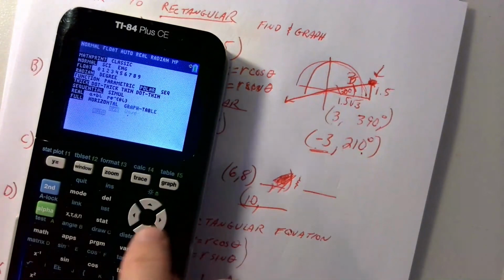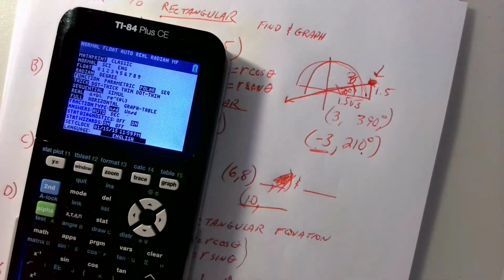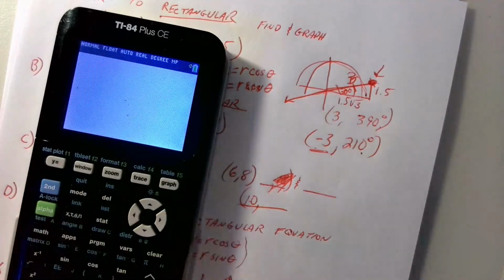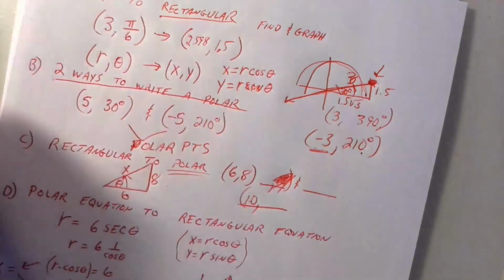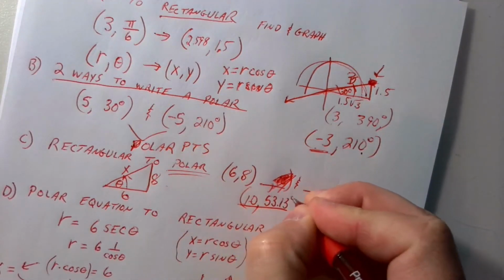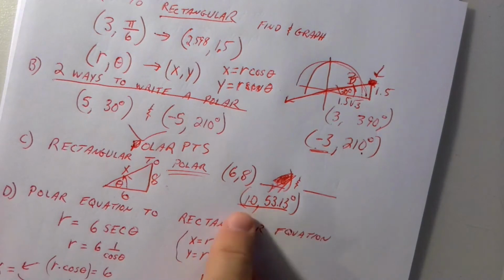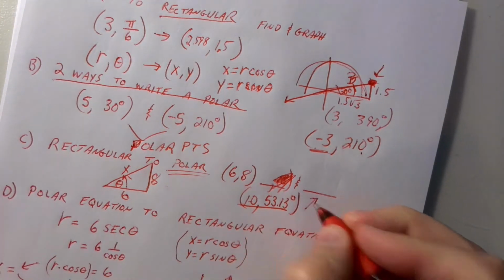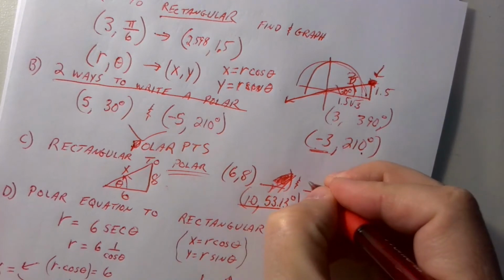So first off, mode. Let's go back to degrees. Hit enter. Quit. Tangent inverse of 8 divided by 6. And if I wanted to reduce to 4/3, I could have done that. I get 53.13 degrees. So there's one of my polar coordinates, 10 and 53.13 degrees. Now we said that there's always 2, because I can always do a negative 10.